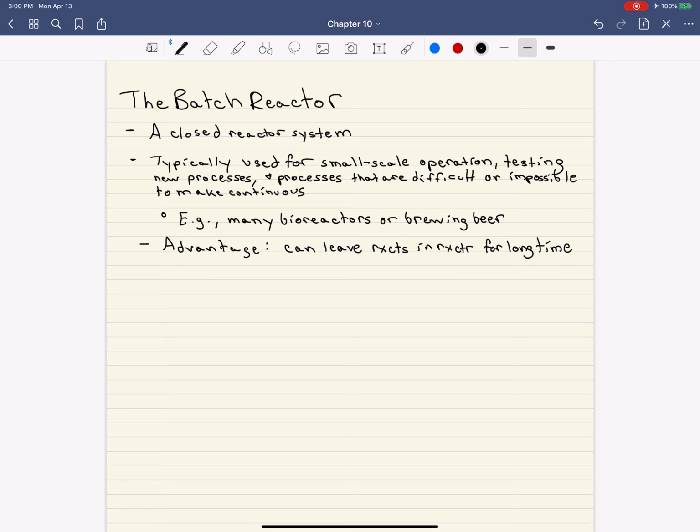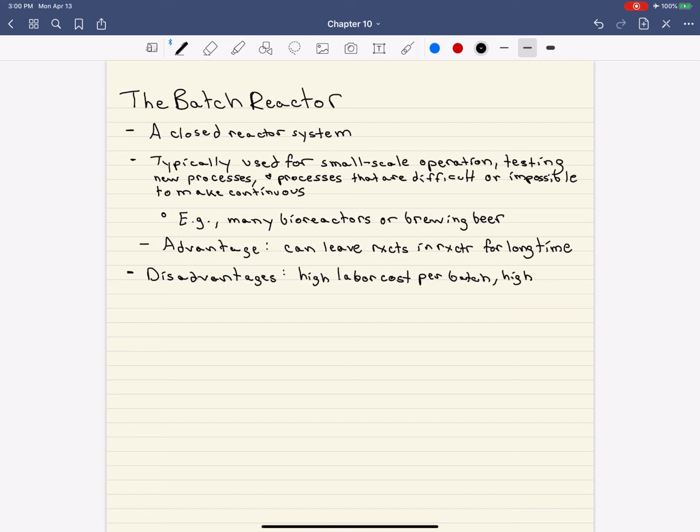Of course, the disadvantages for using a batch reactor is, even though you could just leave your reactants to run in the reactor for a long time, you still need to watch your reaction to make sure that it's properly running. And also, loading and unloading and cleaning the reactor also require a lot of labor. Okay? And so for batch reactors, there's a high labor cost per batch.